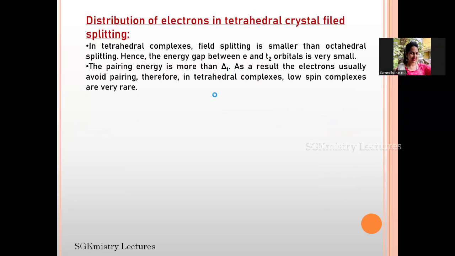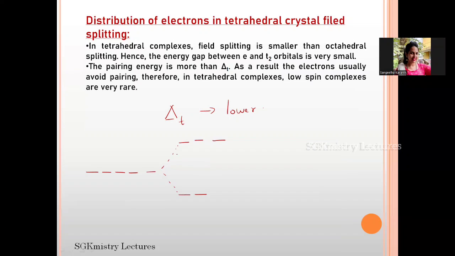Now, talking about the distribution of electrons in the tetrahedral crystal field, whatever splitting takes place and how the electrons are arranged. We already know that delta T has a lower magnitude when compared to delta O. So when I'm talking about the splitting of d orbitals, the two orbitals will be here, and three orbitals will be above.